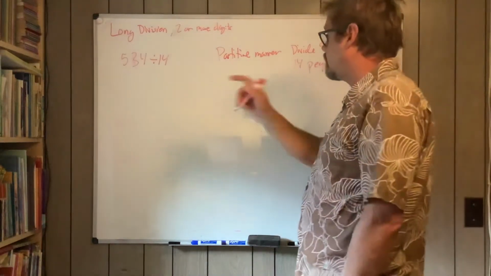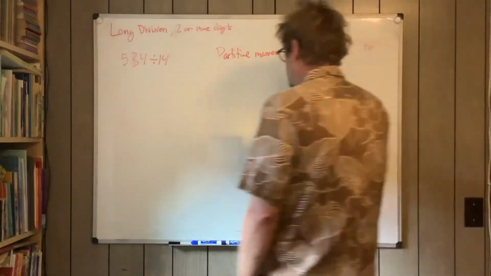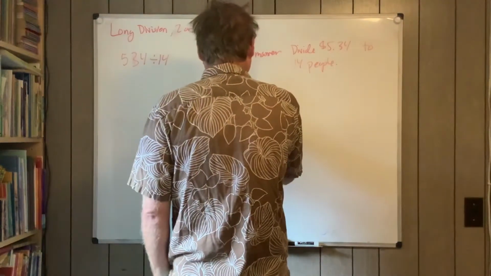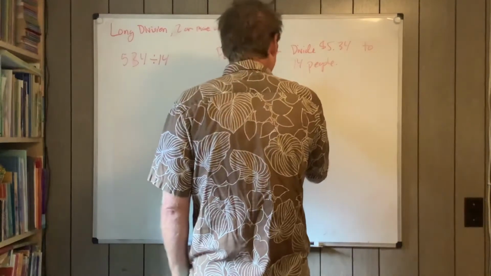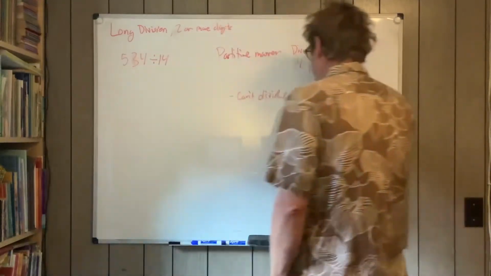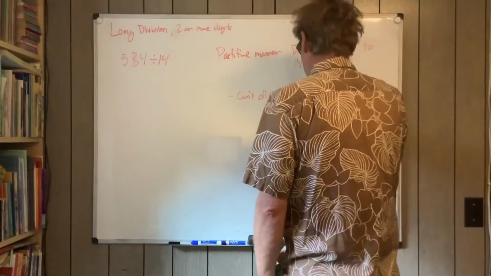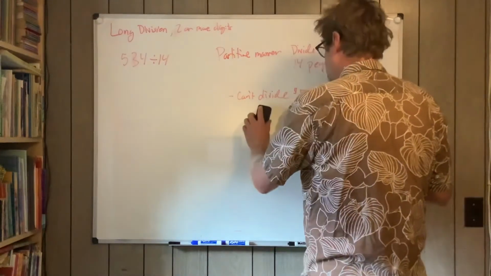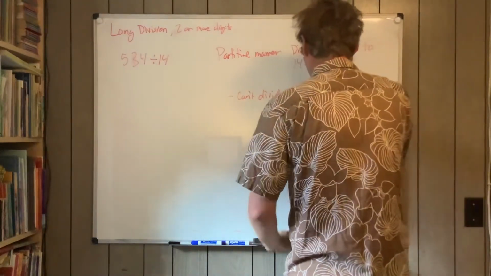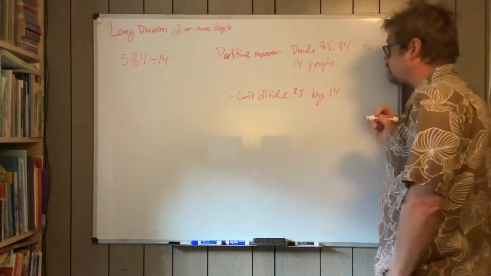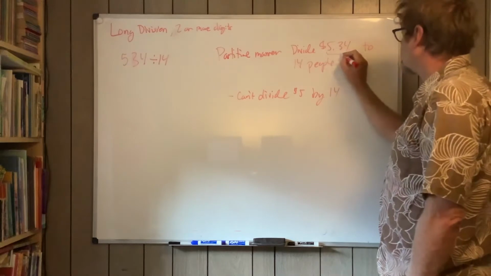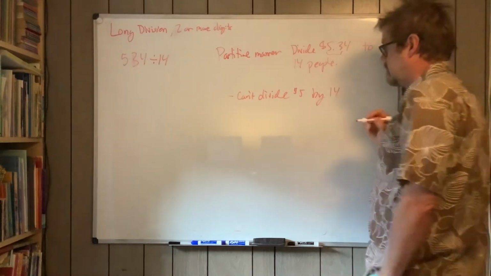So first of all, I can't divide $5 by 14, right? It's not big enough. So we're going to take that, right?